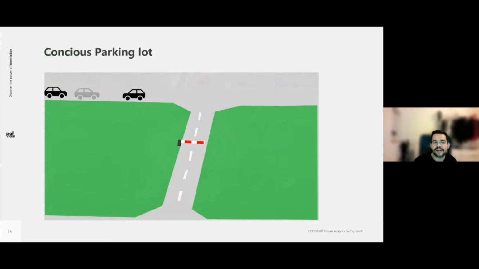And we remember that we now have a conscious parking lot. Just like the pizza example, the parking lot is now conscious about what is happening around it, for example by having two gates. First of all, we have a line when a car passes, and that's the first conscious thing we do.